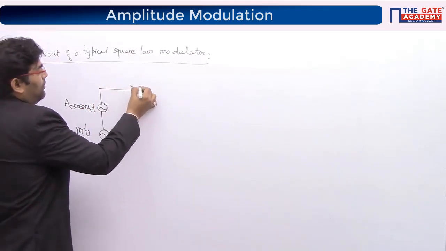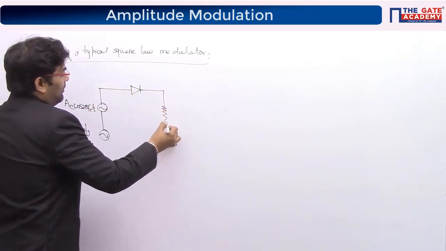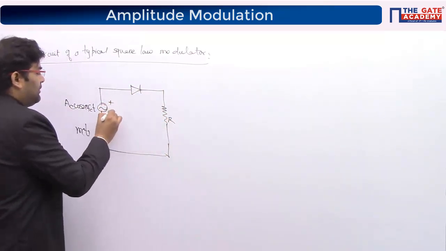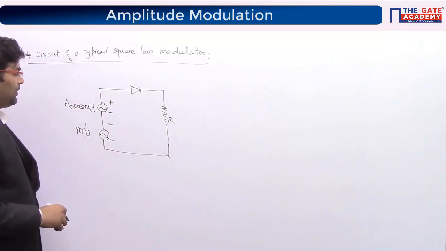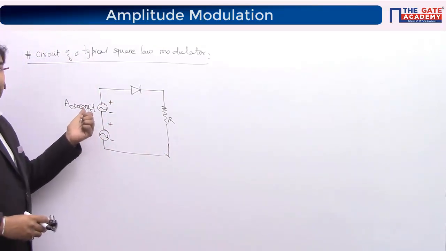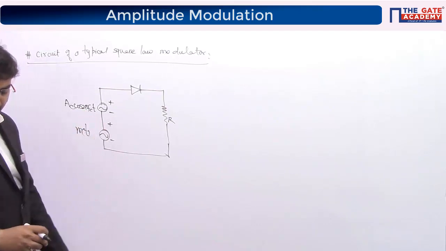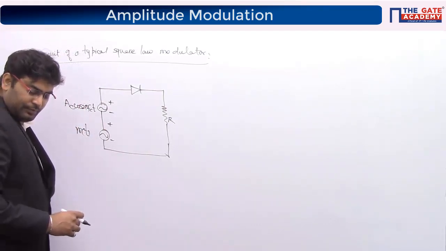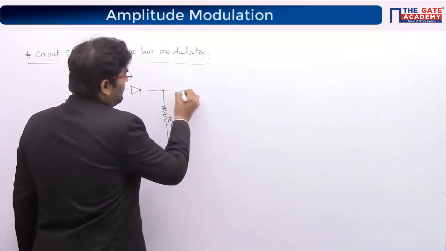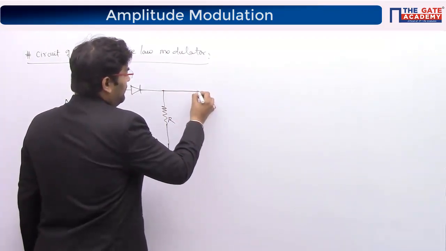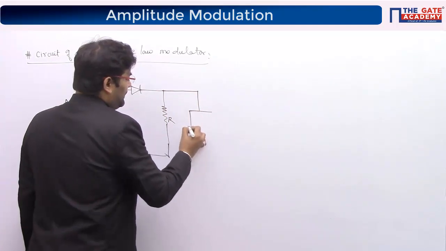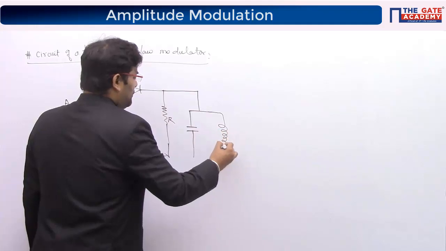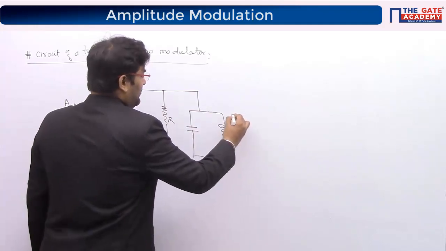And then you have a diode and a resistance R. This is plus minus, plus minus. So guys, this is the same thing, m t plus A_C cos 2 pi f_c t. Okay. And then it goes into a capacitor, and it goes into a coil like this.